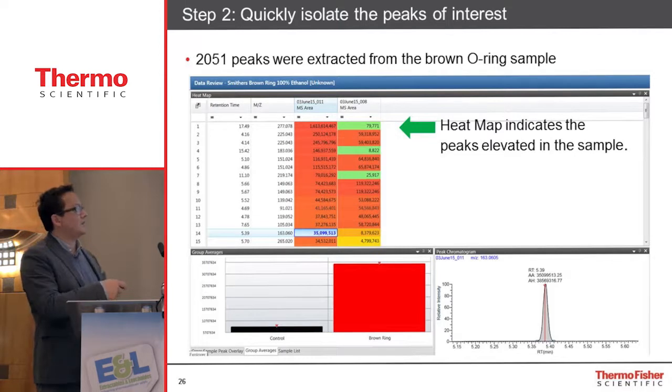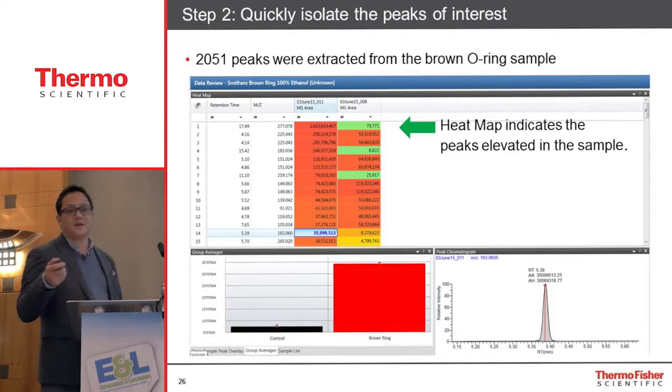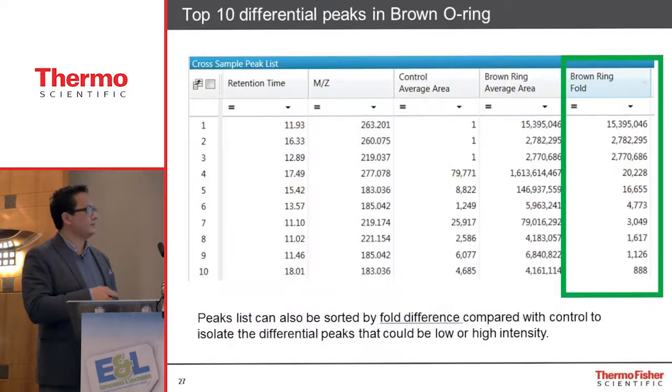We heat mapped the differences out so that you can just go to the peaks that are maybe above your analytical evaluation threshold and identify just those peaks. You can rank the results by a fold difference to a blank or a control or a gold standard sample, and really just pull out the differences very quickly, numerically and visually from a heat map.